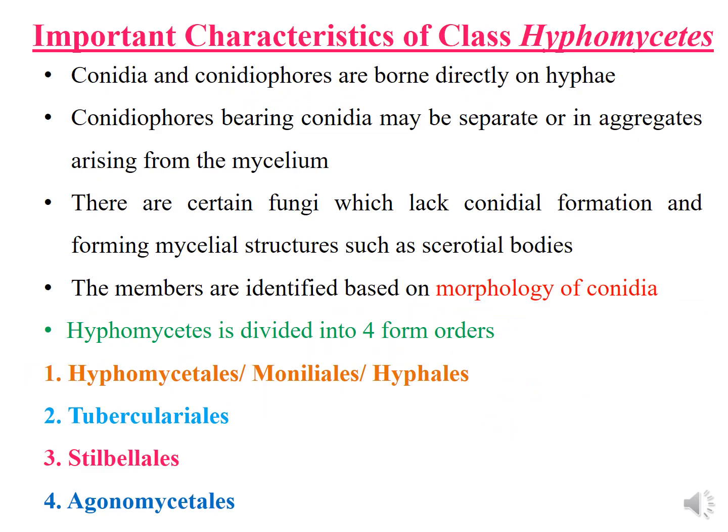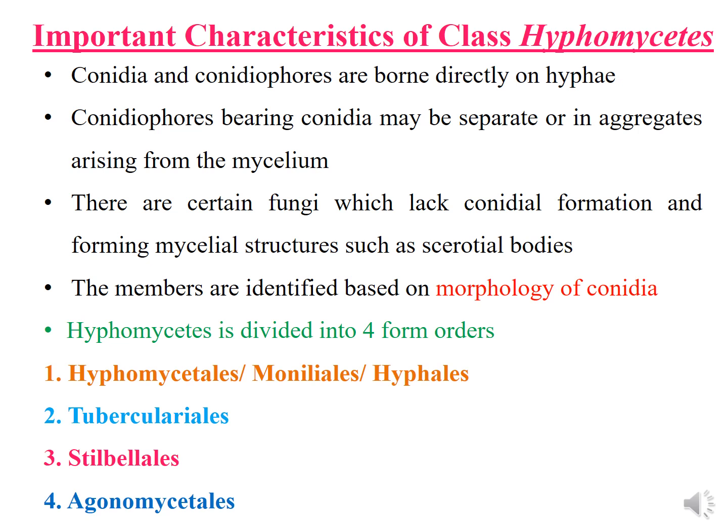Coming to the important characteristics of the class Hyphomycetes: here conidia and conidiophores are borne directly on the hyphae, and the conidiophores bearing conidia may be separate or in aggregate. As I already told, conidiophores may be free in nature or they may be united, and generally conidiophores arise from the mycelium.